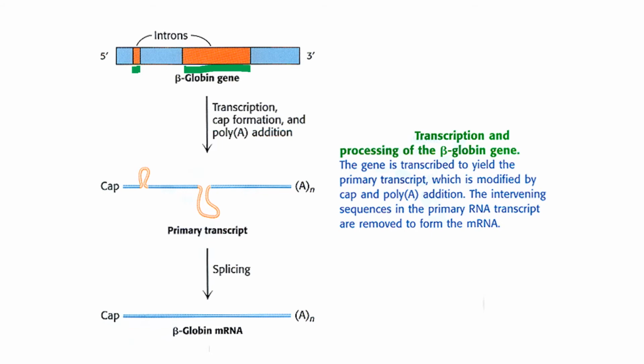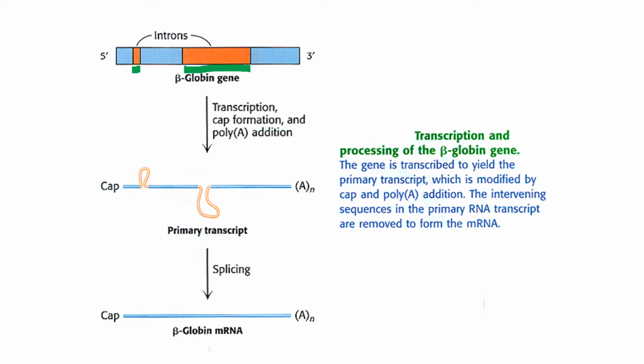All eukaryotic genes have intervening sequences, or introns, of DNA within the gene that do not code for amino acids in the final protein product. In genes that contain introns, the coding regions are referred to as exons, or expressed sequences.